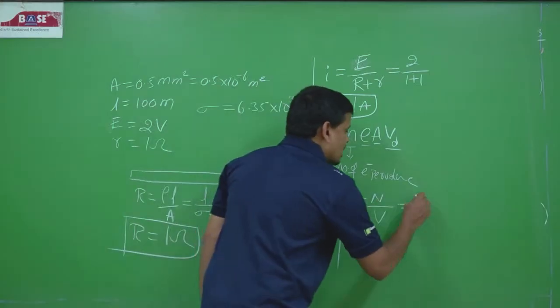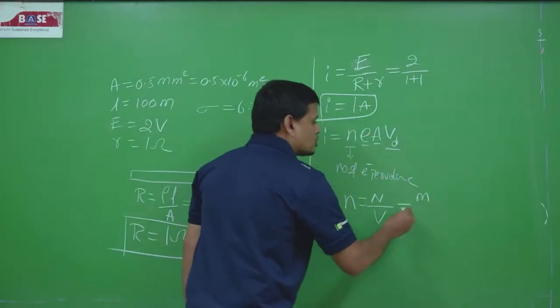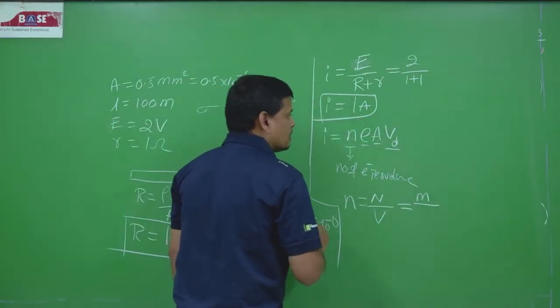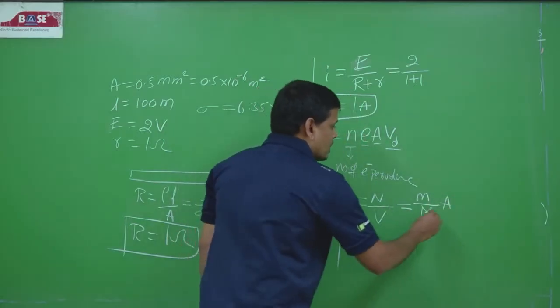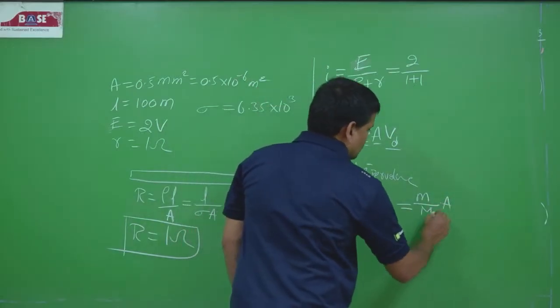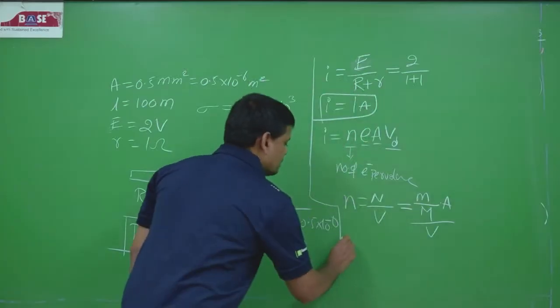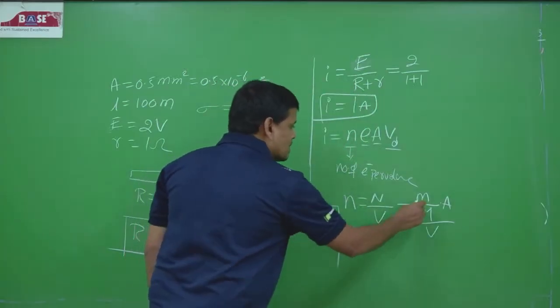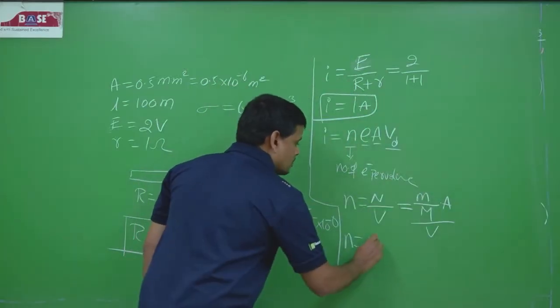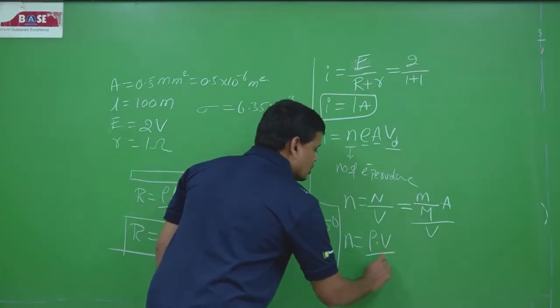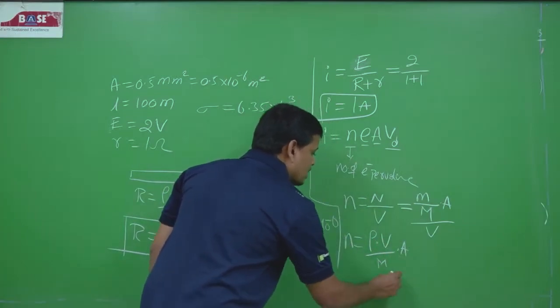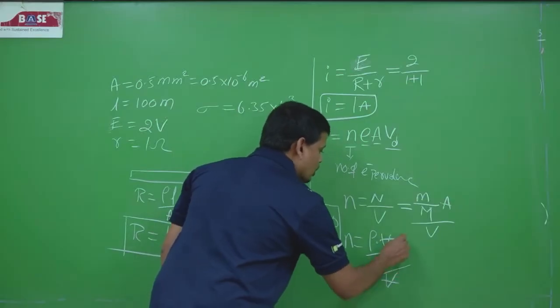So n is equal to mass divided by molecular mass multiplied by Avogadro number, divided by volume. Mass can be written as density times volume, so n is equal to density rho times volume V times Avogadro number divided by capital M times volume, and the volume gets cancelled.